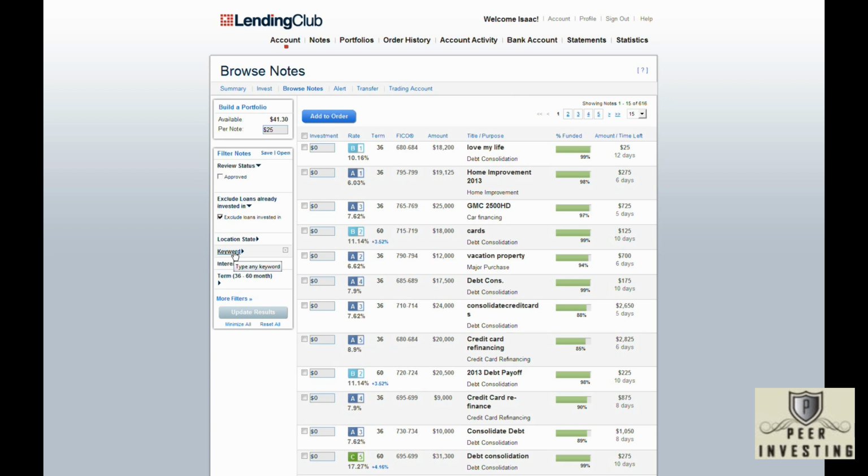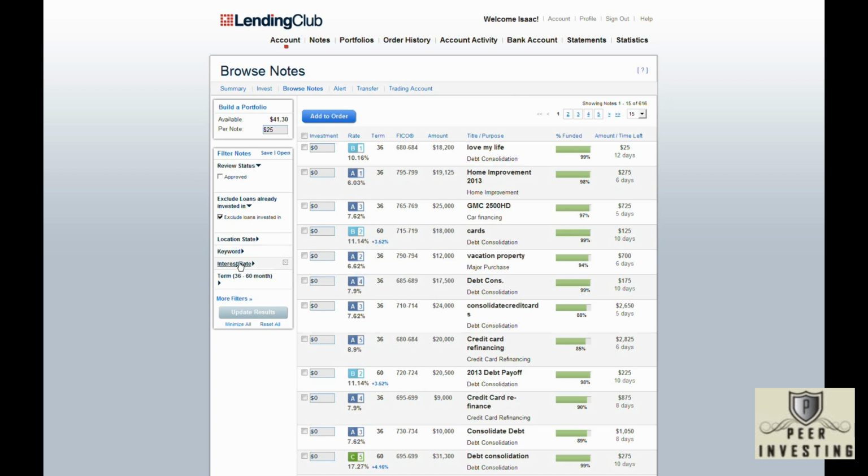I haven't dug as deep in my current notes that I'm invested in. If there is a certain purpose for the loan that generated a higher percentage or higher dollar amount, those are two numbers you really want to look at. That just means more payments over a longer period of time and better interest return for you.